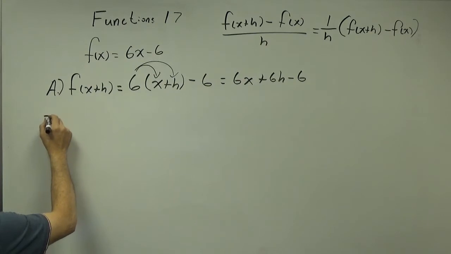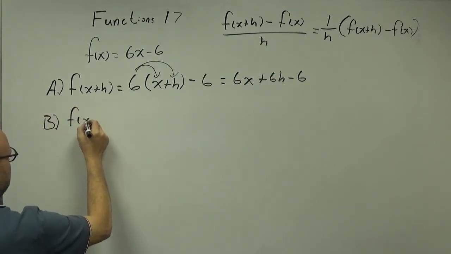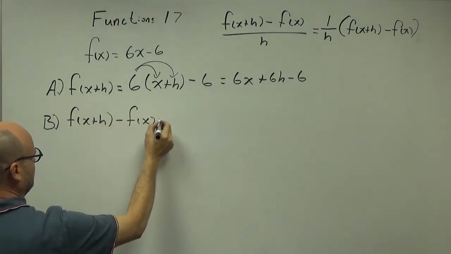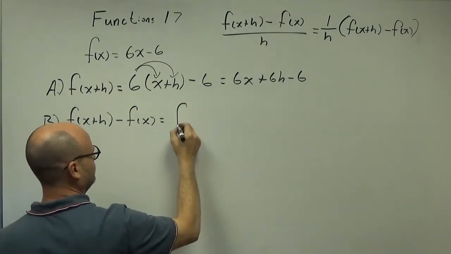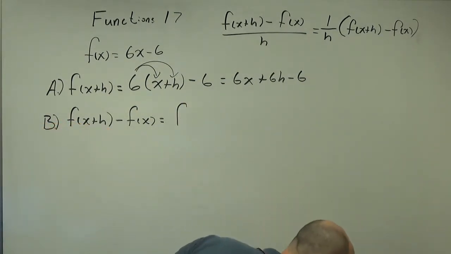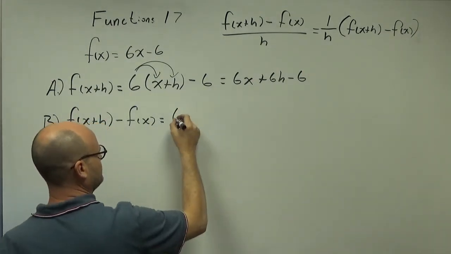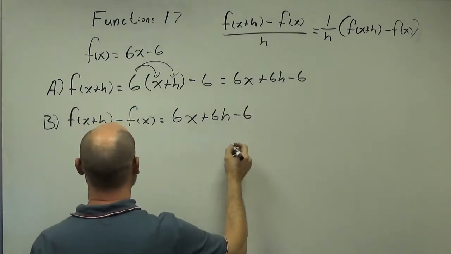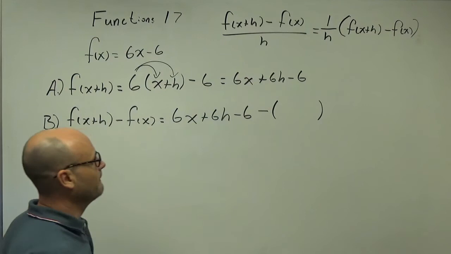Now I will find f of x plus h minus f of x. So I've already got f of x plus h. That was in part A. I don't know why I'm starting to draw an f there, but whatever. So I have 6x plus 6h minus 6 minus, now this is really, really important, minus f of x.